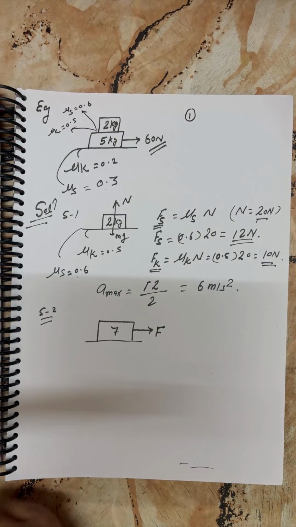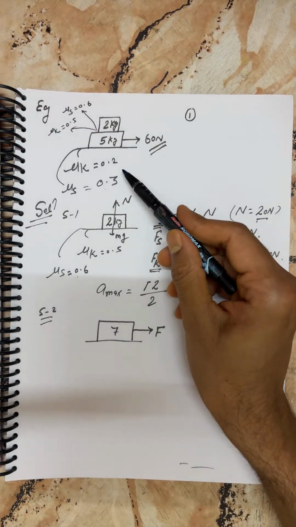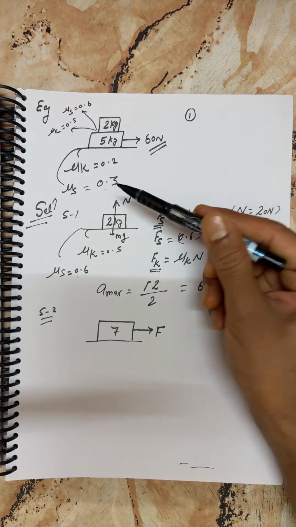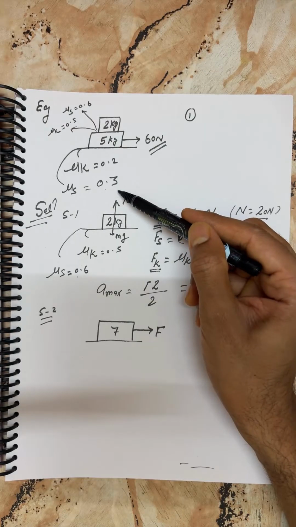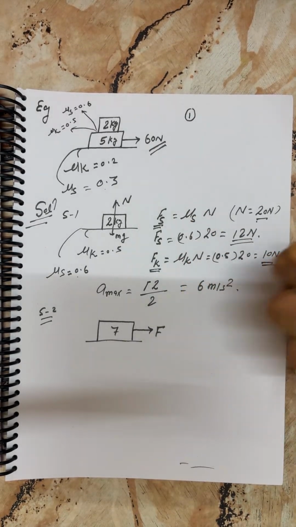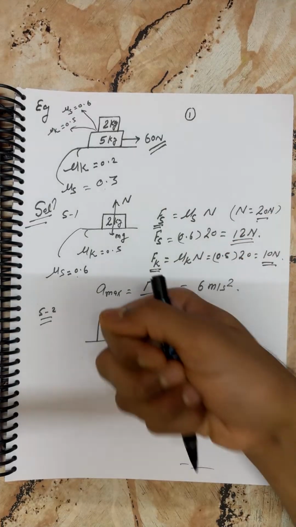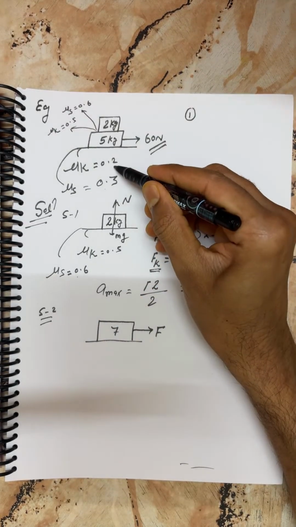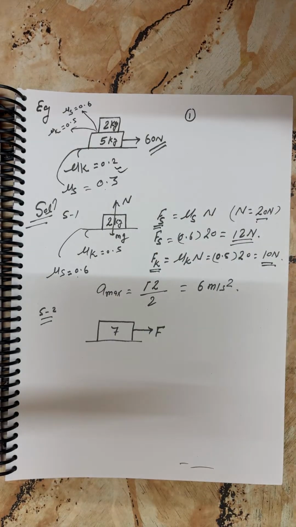Again, beta, you can say, sir, we have two coefficients of friction over here, one is mu k, the other is mu s. Which one do I have to take? Students, the system is in motion here. If the system is in motion, my dear, then you have to take only mu k, not mu s.